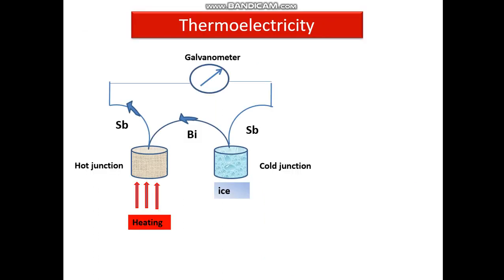Now let us see what is thermoelectricity. Here we have a typical thermocouple of bismuth and antimony, Bi and Sb. Two junctions are kept at two separate temperatures, the hot junction and the cold junction, which is connected to a galvanometer to detect whether current flows through it or not.